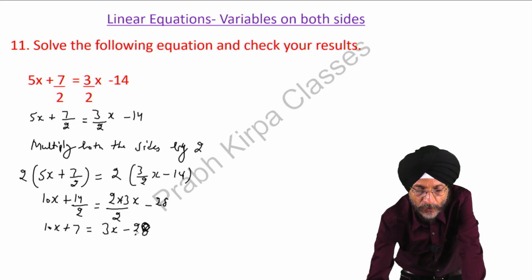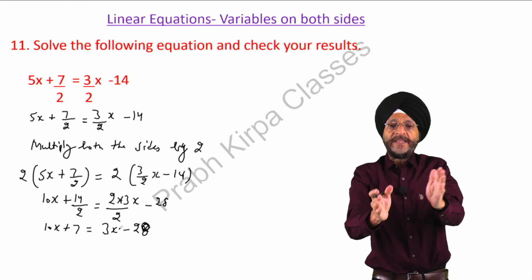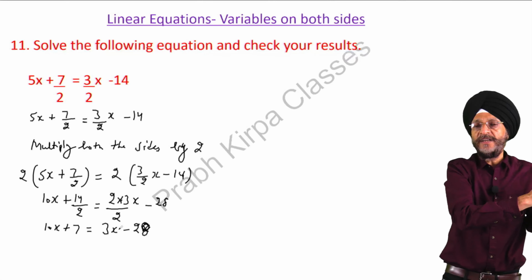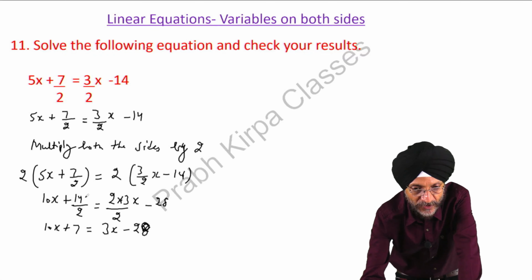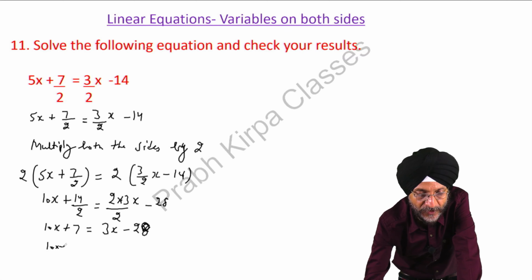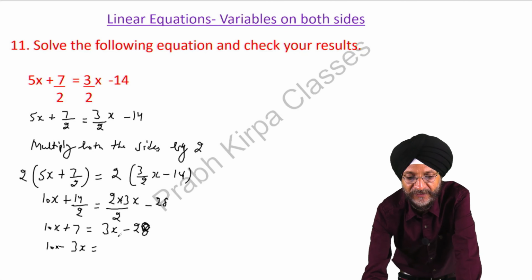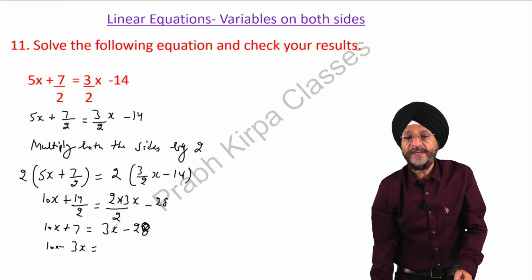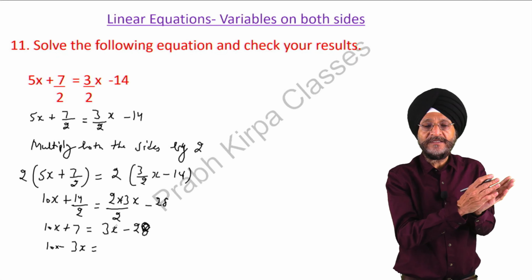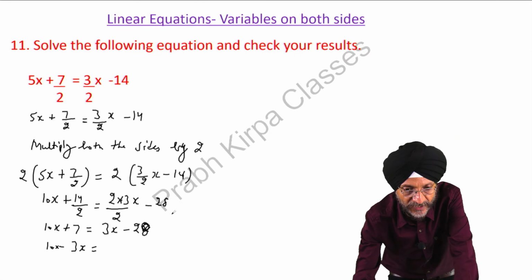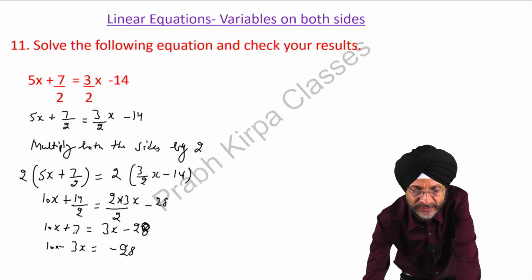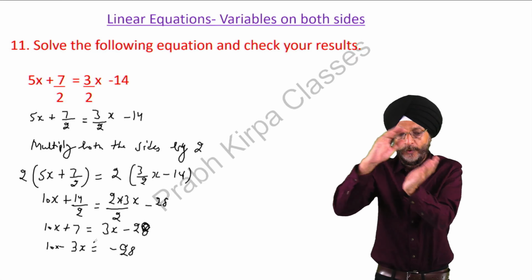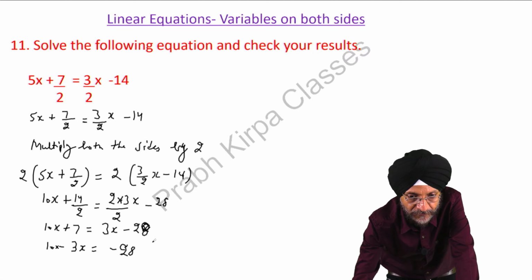So now we will take the variable terms on one side and the numbers which do not have any variable to the other side. So 5x minus 3x, because this variable has a positive sign, and when it is shifted to the other side, that is the left hand side, it will become negative, and minus 28, and this plus 7 will be shifted to the other side and it becomes negative.